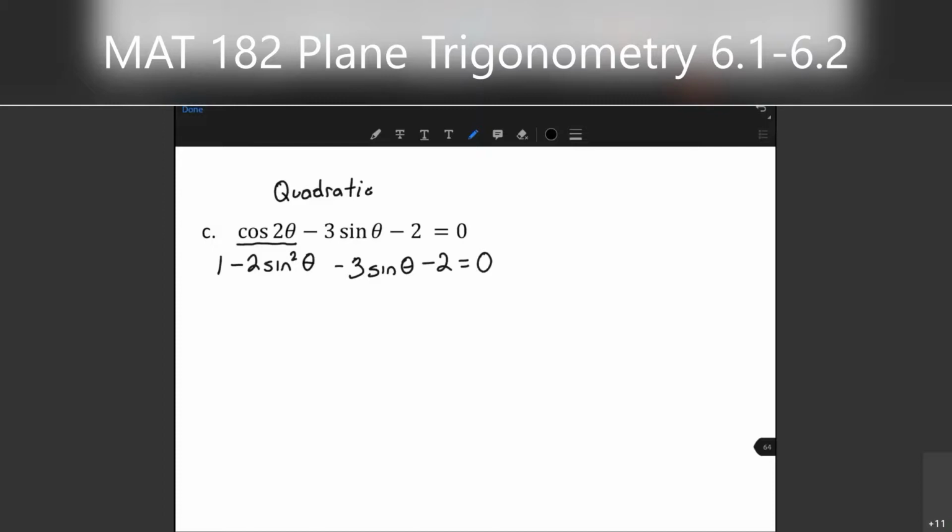We do have some constant terms that we could add together. And then I'll also consider trying to make that leading coefficient positive. So we could first rewrite this as negative 2 sine squared theta minus 3 sine theta. And then 1 and negative 2 are going to give me a negative 1 equal to 0.